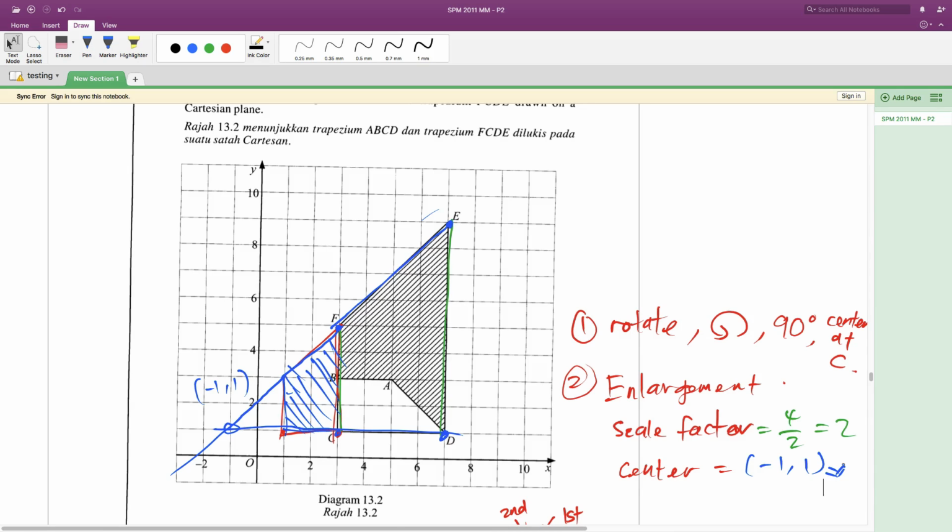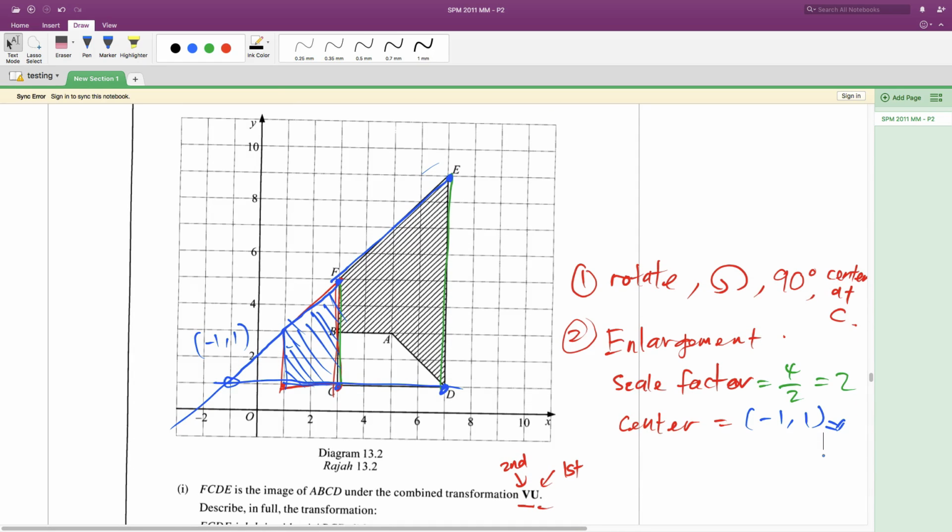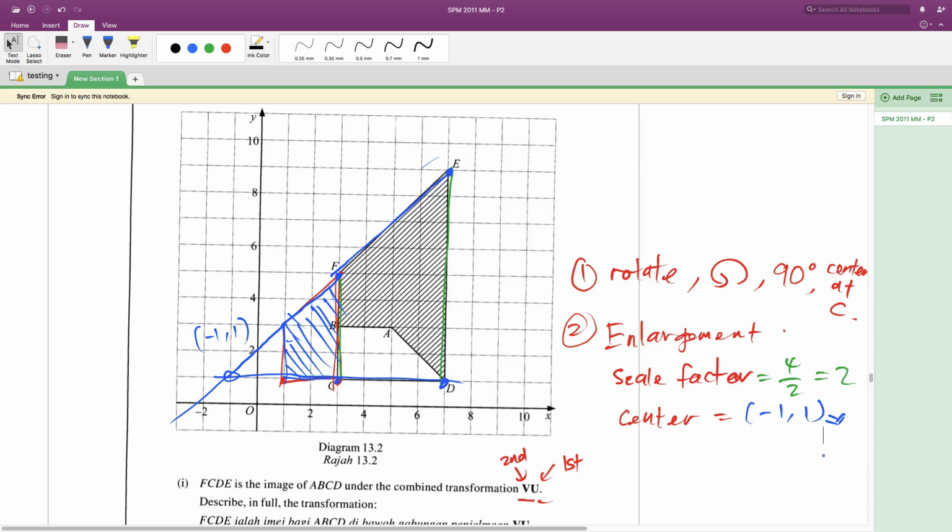Are you still confused about the center of rotation or the center of enlargement? Which one? Okay, for the center of rotation, especially in this case, there's no single point you can say is correct or wrong. Let's erase the whole thing.